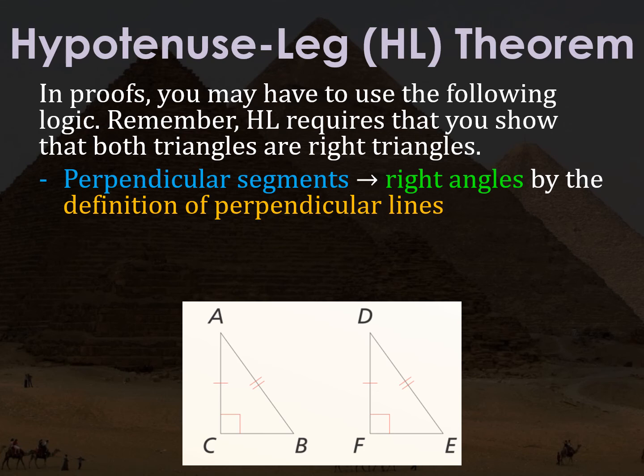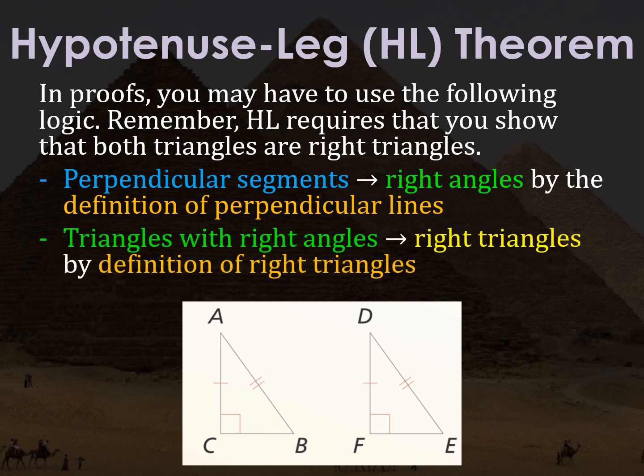Once you have right angles, you can conclude that right triangles are triangles with right angles by the definition of right triangles. A right triangle is a triangle with one right angle. So this is the path you need to follow in your proofs. If you're given segments are perpendicular, that means they form right angles. If a triangle has a right angle, then it's a right triangle. That is what you need to state in your proof for HL.